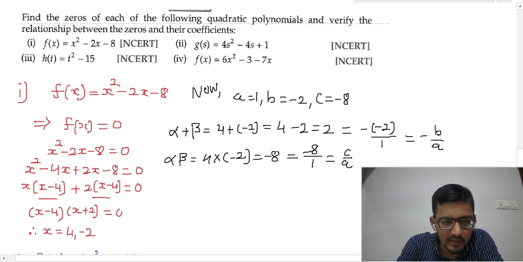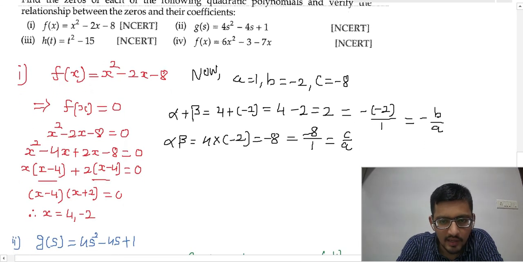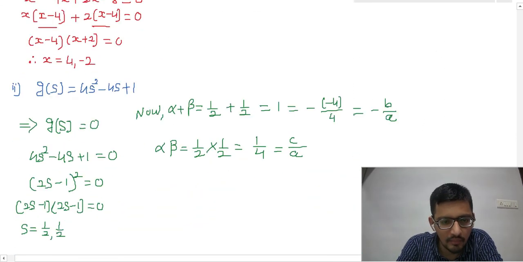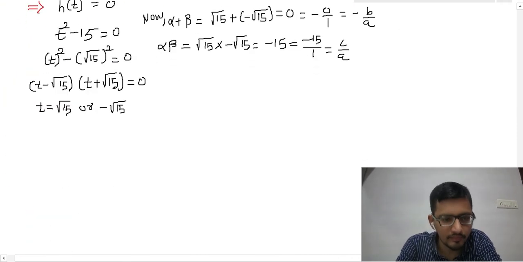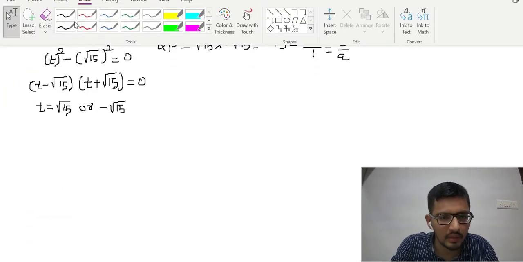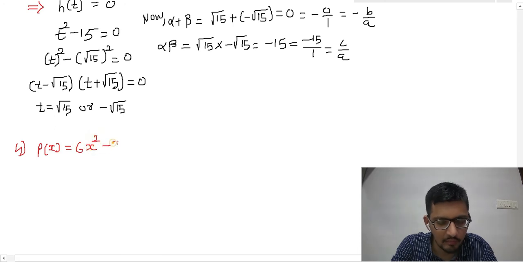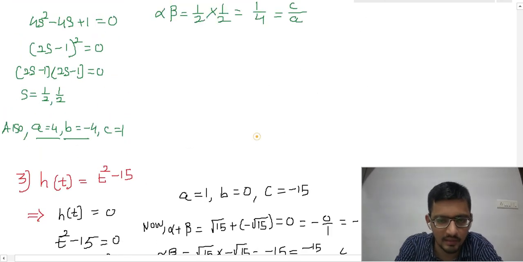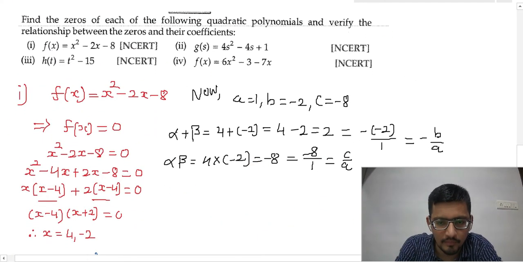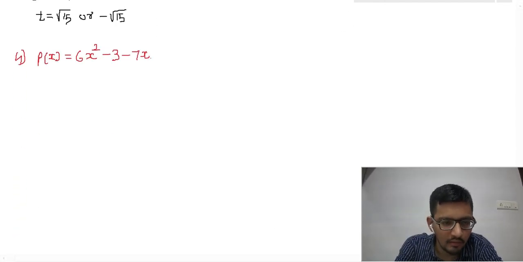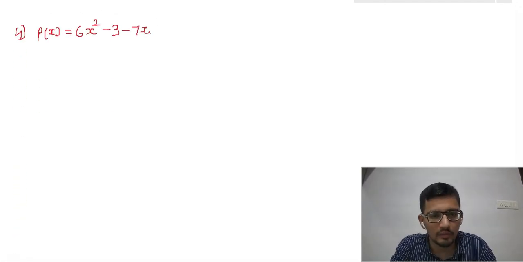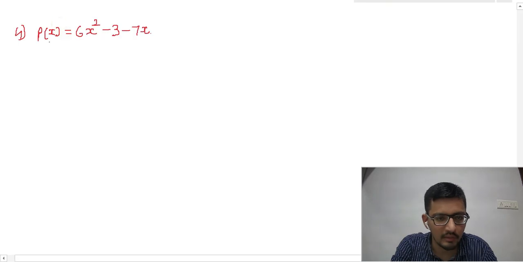Let's see one more example. Example number 4: 6x square minus 3 minus 7x. For this also I need to find first the zeros of the polynomial.